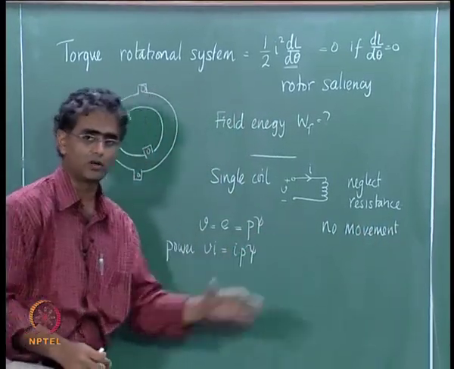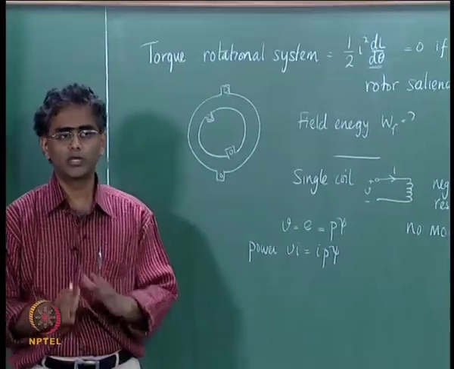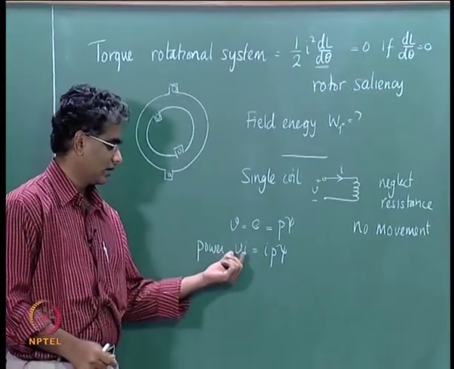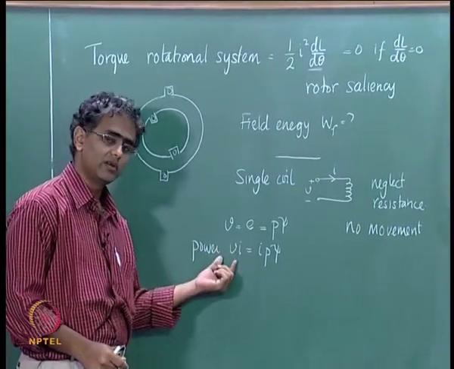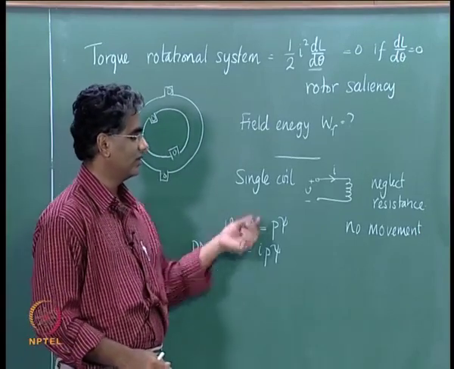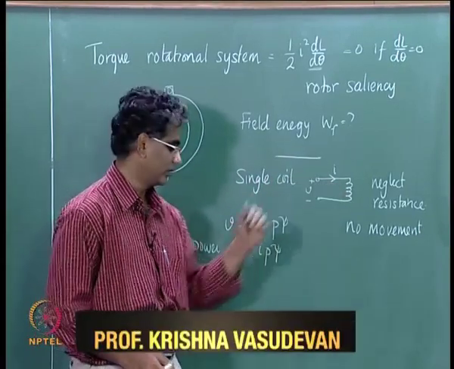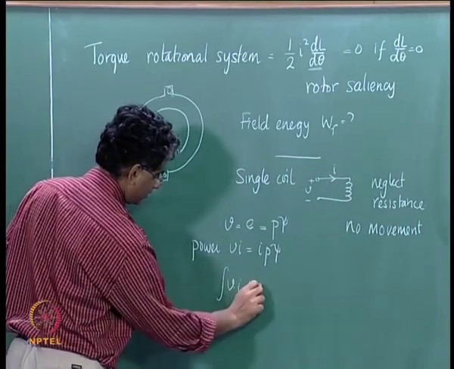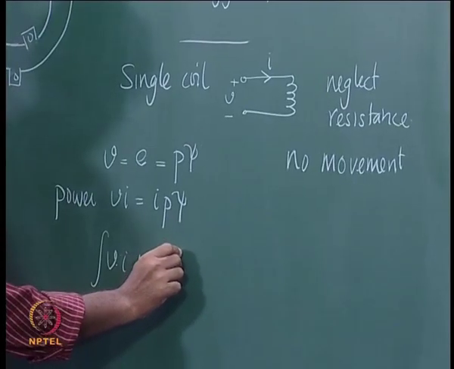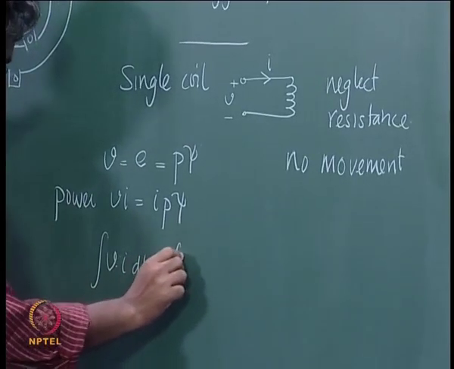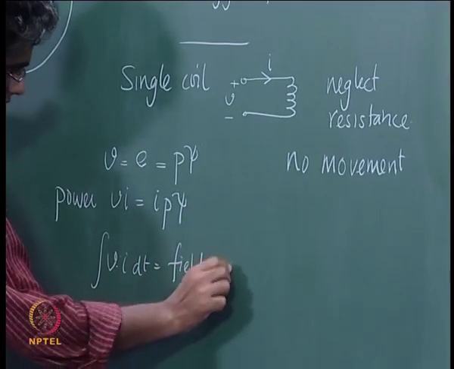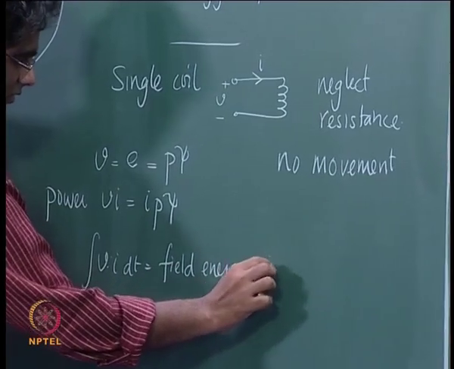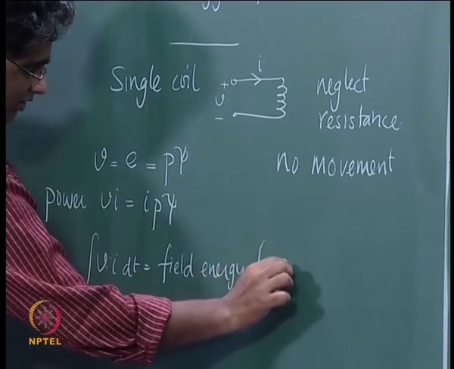That means the mechanical output is equal to 0, and therefore all the electrical input that has been given to the system goes entirely as field energy that is stored, which means the integral of Vi dt must be equal to the field energy, which is equal to the integral of I P psi dt.